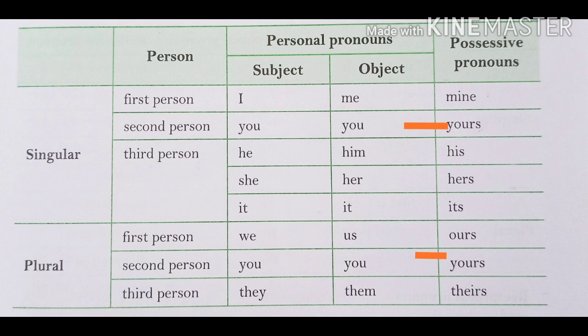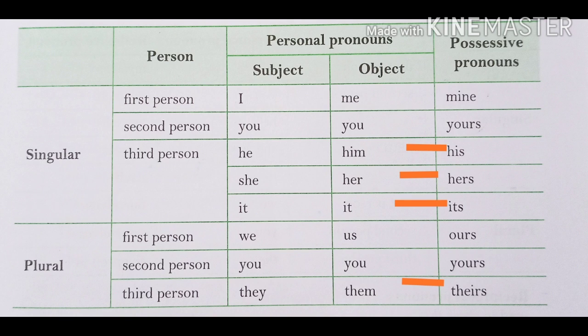You becomes yours for both singular and plural. And for third person singular, he becomes his, her becomes hers, and it becomes its to show ownership. And for plural here, them becomes theirs.